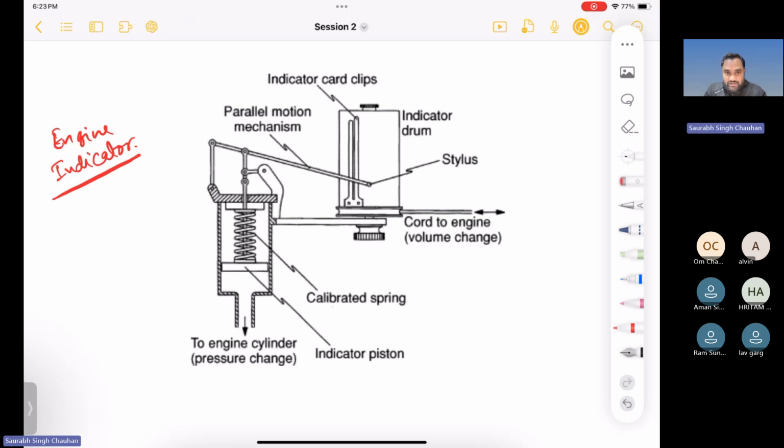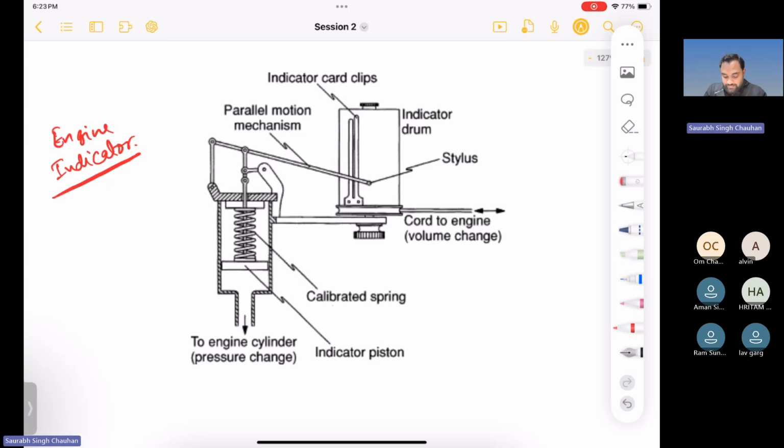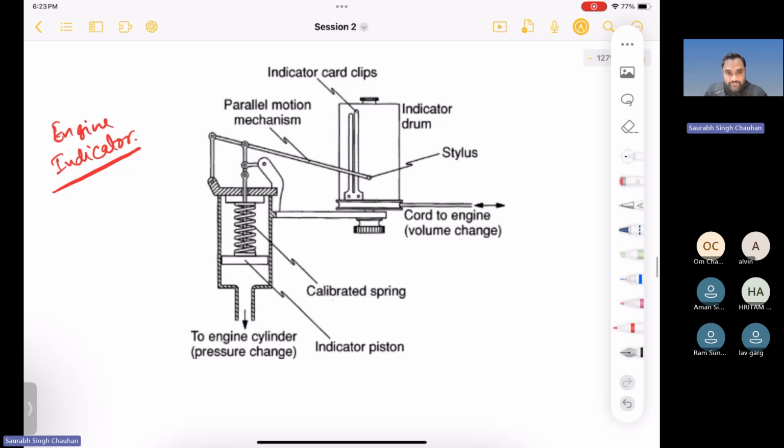But in olden days, when there were not computers, then people were using this type of equipment. Just briefly I will discuss how this equipment works. This bottom part, where it is written to cylinder pressure change, was connected with the cylinder. So as the pressure inside the cylinder was changing, the pressure inside this indicator cylinder will also change. When you have more pressure, then it will push this piston upward. So this is not the engine piston.